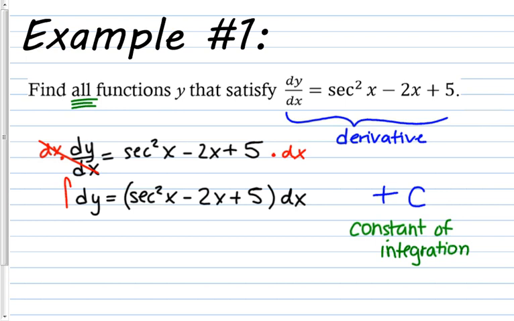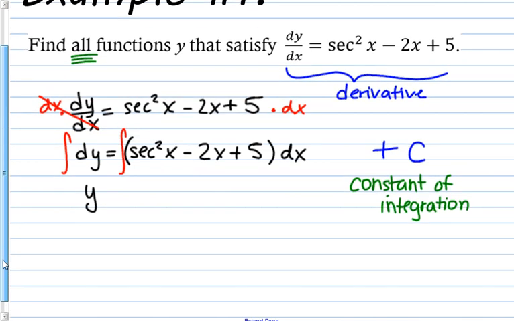Okay, next step. I'm going to antiderive. The antiderivative can be found by integrating, so I'm going to integrate both sides of this equation. The antiderivative of dy, basically dy is us deriving y, so if we integrate dy, we get y. Let me elaborate on this.